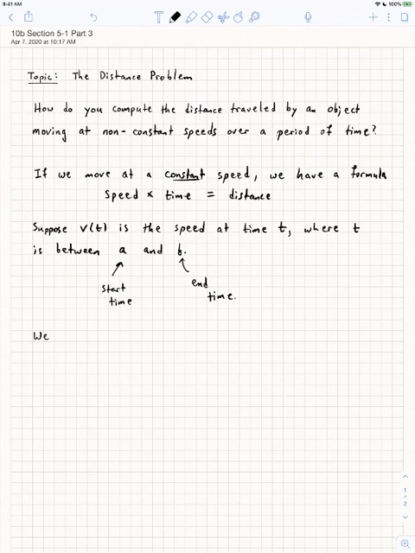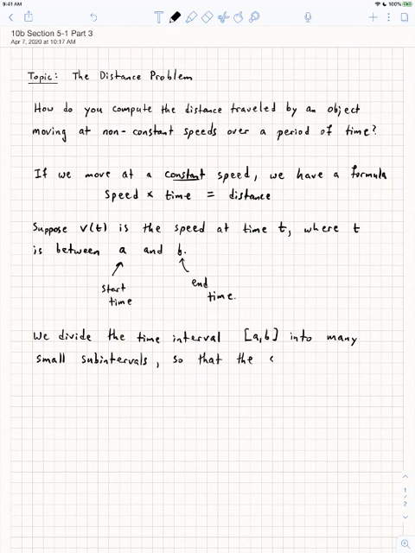So we divide the time interval, from A to B, into many small subintervals, so that the speed is approximately constant on any one subinterval.